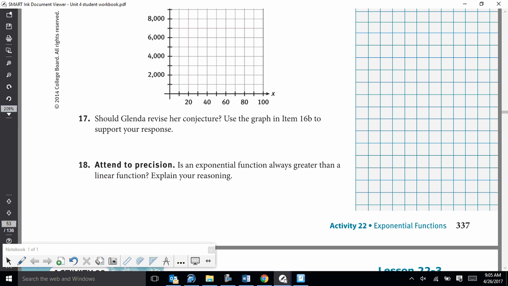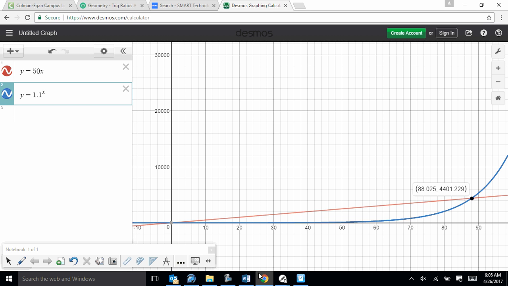So is an exponential function always greater than a linear function? At some point, an exponential function is going to be greater than your linear function, right? At some point. It depends on your window. If you're looking at a small window, like with Glenda's, we had to go all the way up to 88.